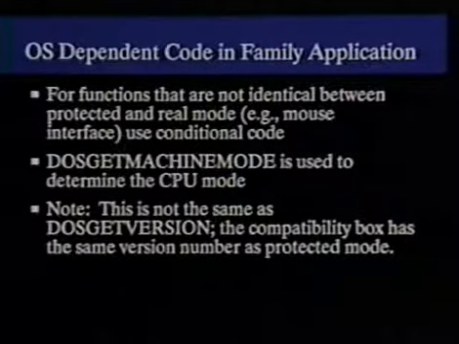It returns either 0 or 1 for real or protected mode. This is not the same as calling DosGetVersion. The version number of the compatibility box is exactly the same as protected mode under OS/2. So if your Family application needs to have code in it that is sensitive to whether it's real mode or protected mode, you should first call DosGetMachineMode.